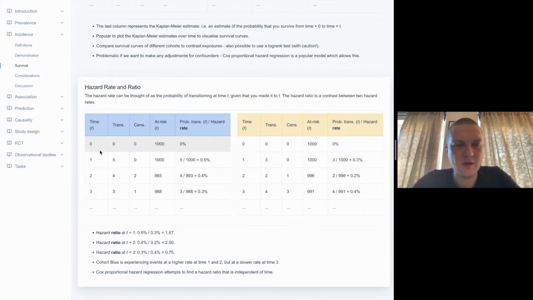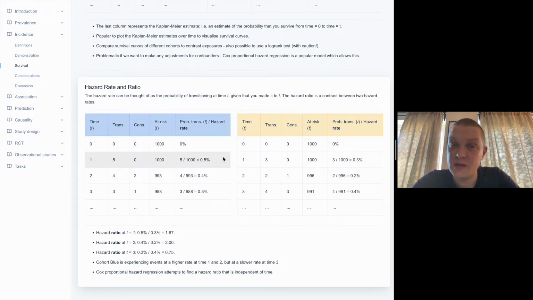We have data on different cycles in time, so it could be years or minutes, but time 0, 1, 2, and 3. We have the number of people transitioning, the number of people censored, the number of people at risk, and we get the probability of transfer, that is the hazard rate. This is what we call the hazard rate.